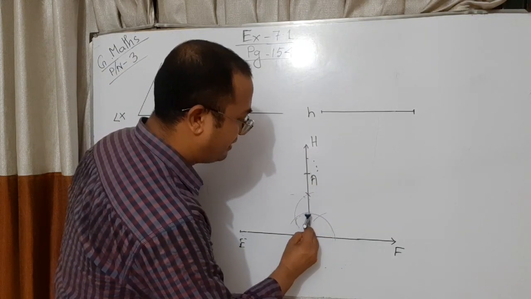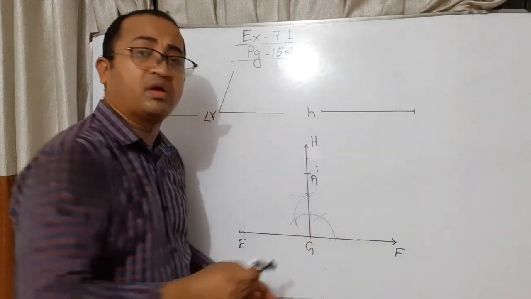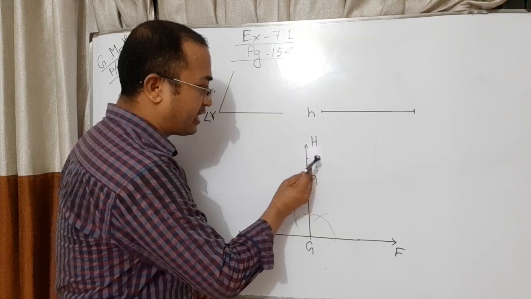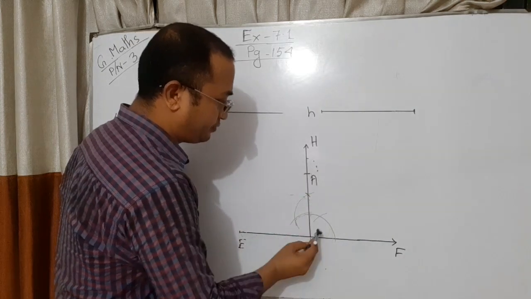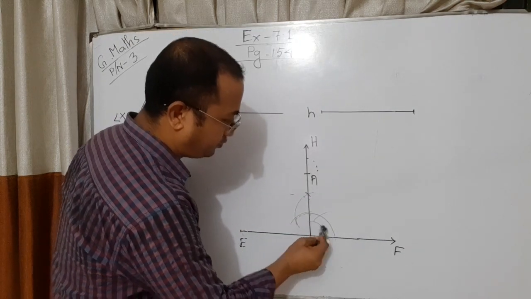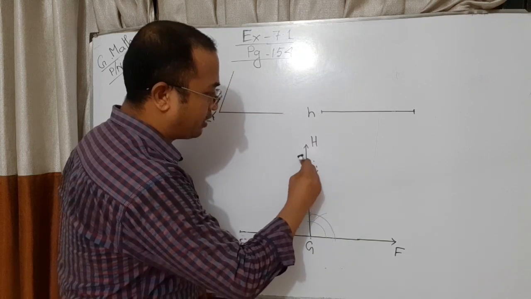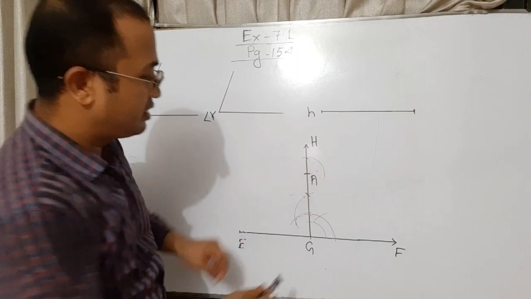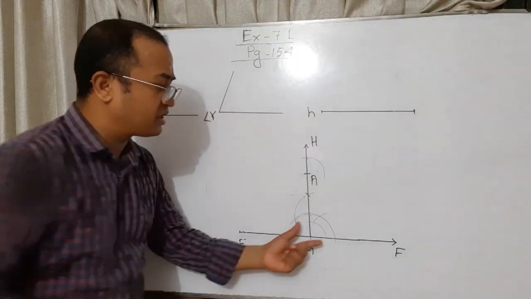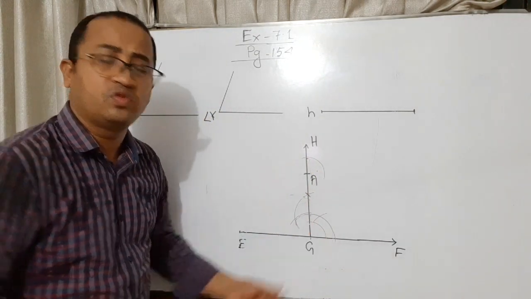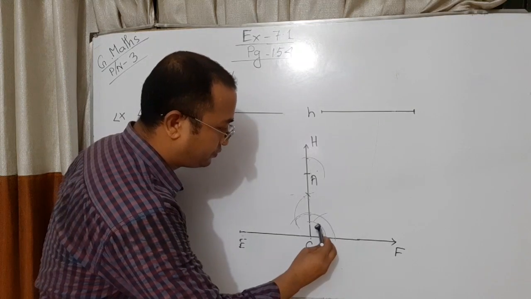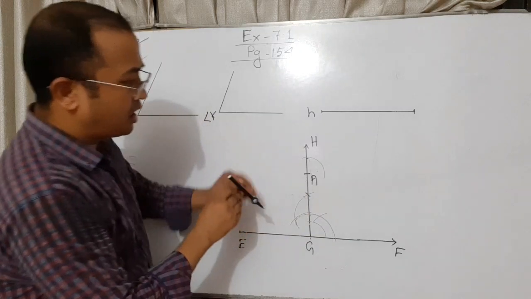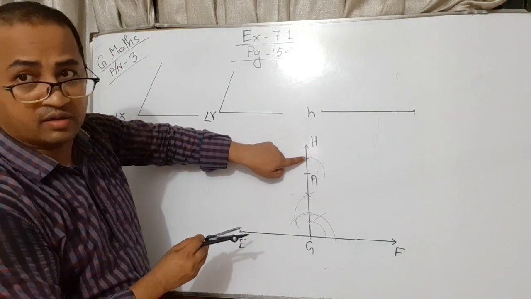At first, draw an arc taking any radius with center A. With the same radius, we draw an arc. Now take the measure of the distance of these two points. Now set the compass over there.